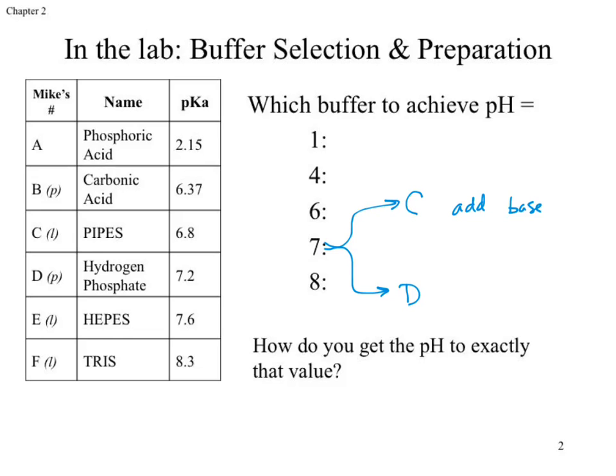What happens with D? I want to go through and again add acid. So we're trying to balance that out as quickly as we can and effectively. Could you just mix C and D together to get 7? So that's what he was asking. That kind of works.